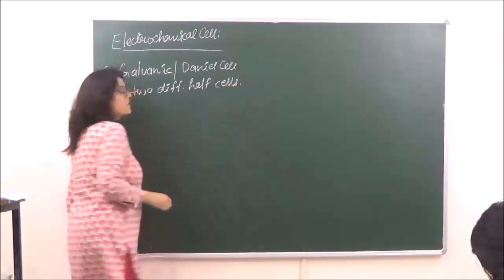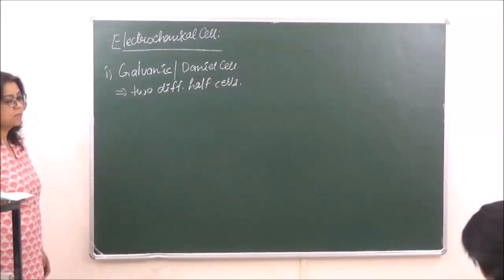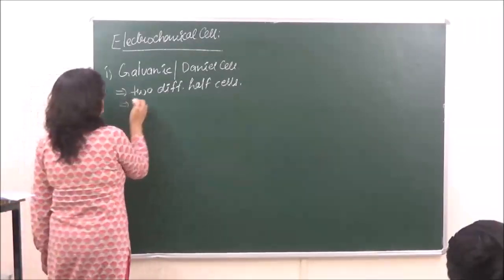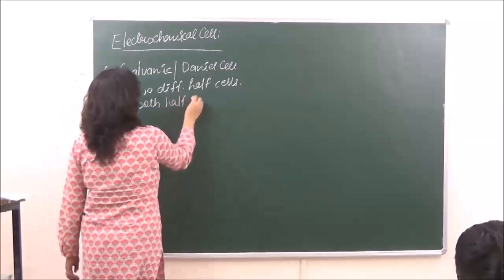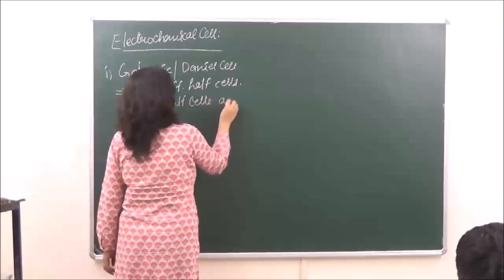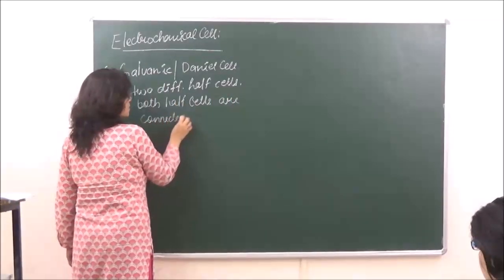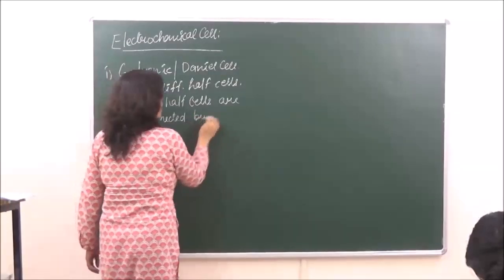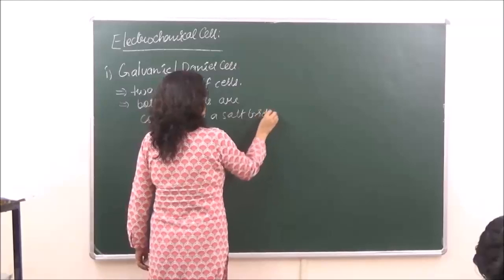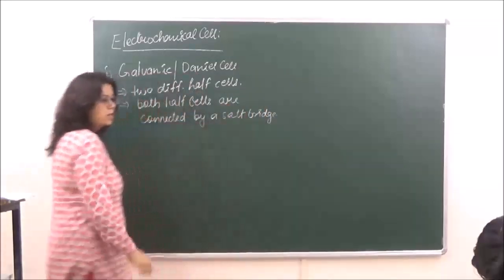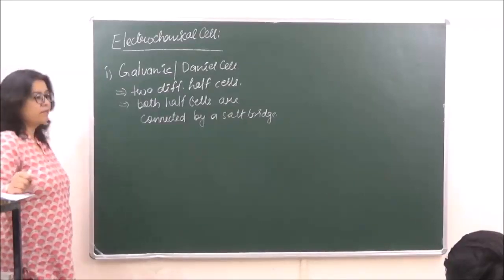In one of the half cells, oxidation is taking place, and in the other, reduction is taking place, and both the half cells are connected by a salt bridge, right? So there are two different compartments in the galvanic cell.